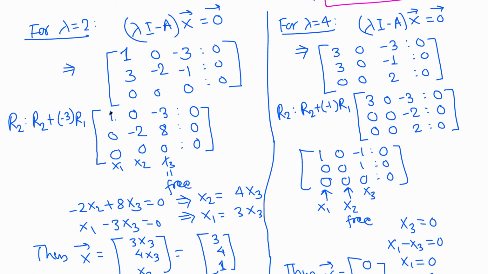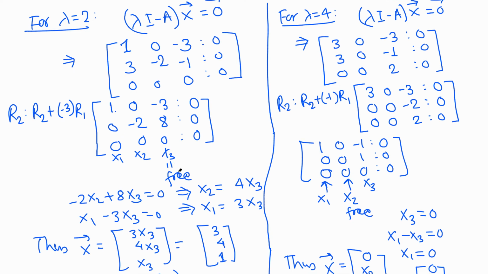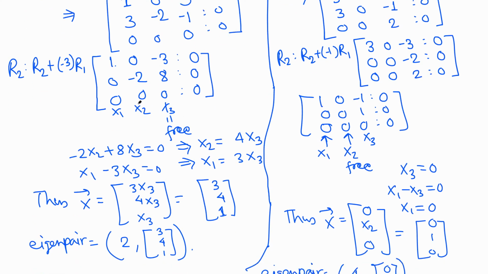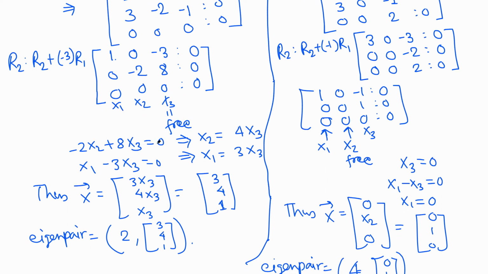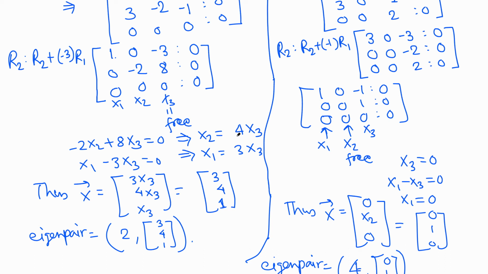Now we got a pivot here. Here is a pivot. There is no pivot, meaning x3 is free. The vector x is, we can think x1, x2, x3, and x3 is free. So from this one, negative 2x2 plus 8x3 is 0. Then we get x2 equals 4x3, where x3 is free.